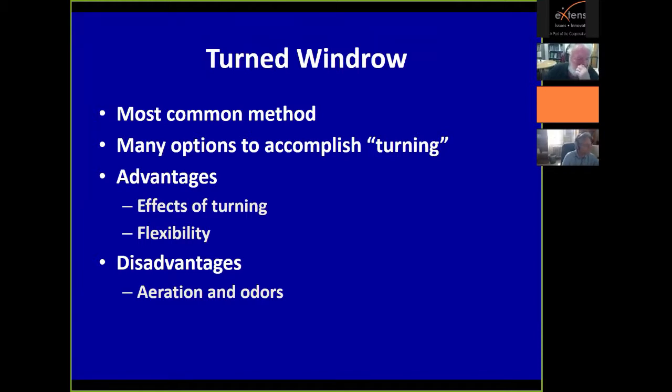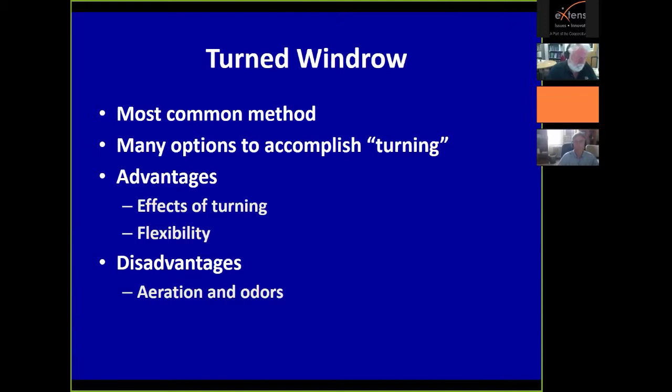It relies on passive aeration, so you have to have good, what we call structural porosity. And structural porosity is a physical concept whereby the particles in a pile arrange themselves in a three-dimensional matrix that creates air channels for air to move through the pile.